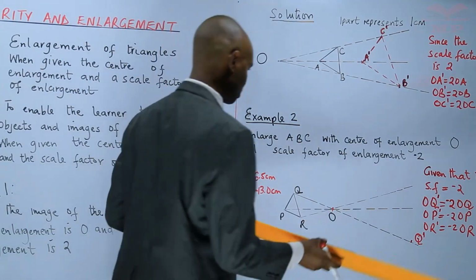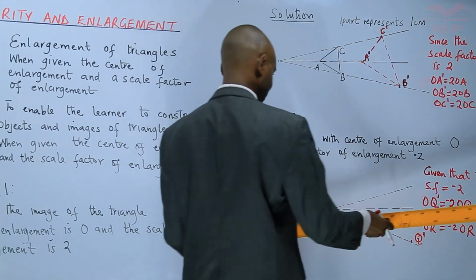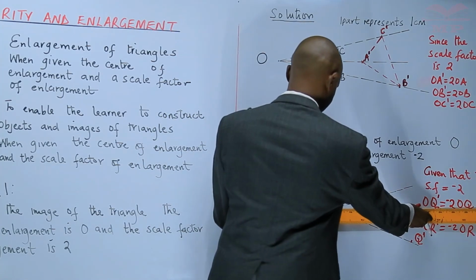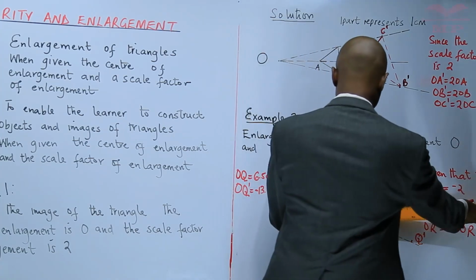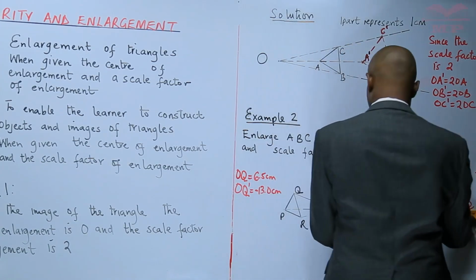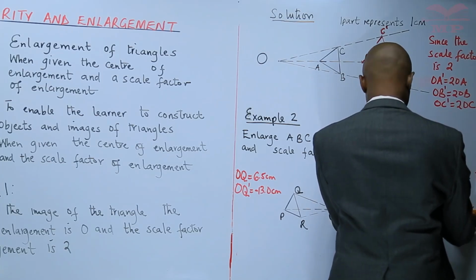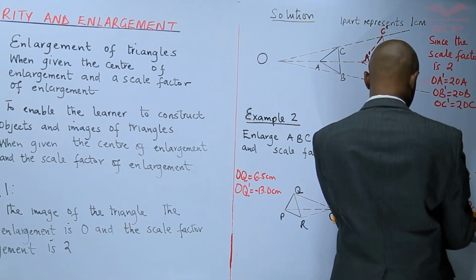We started with Q, we can come to P. OP 6.7, OP 6.8, OP prime will be 13.6, almost somewhere there.